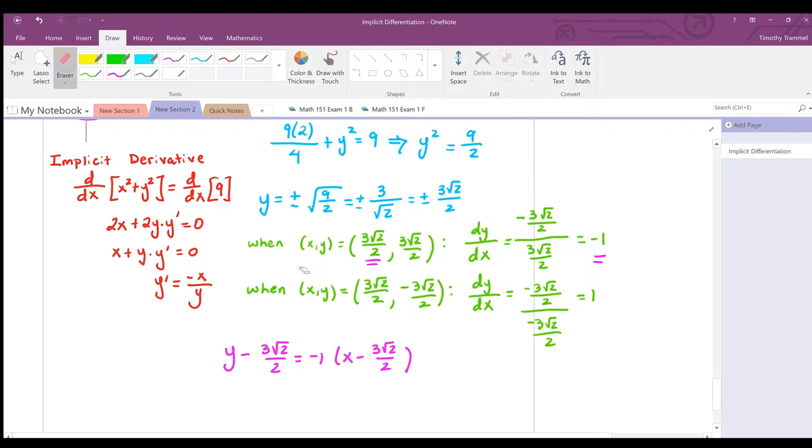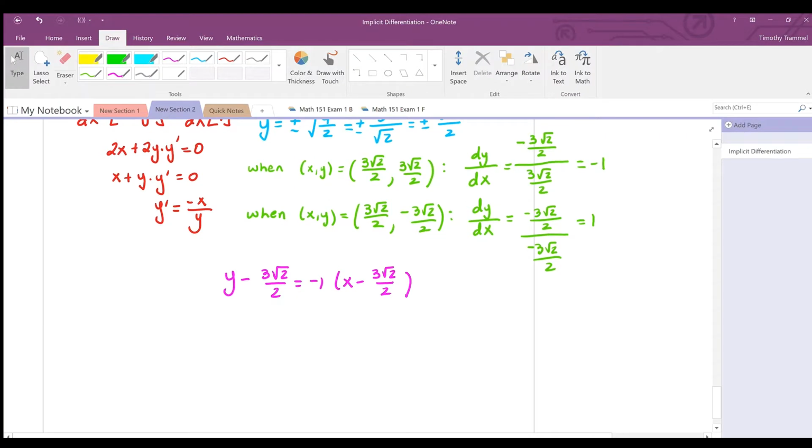Let's write the other one now. The last one is y minus, and note the y value here is negative, so I'm going to write y plus 3 square root of 2 over 2 is equal to, and our slope of our tangent line should be 1, so I have 1 times x minus the x value, which is 3 square root of 2 over 2.